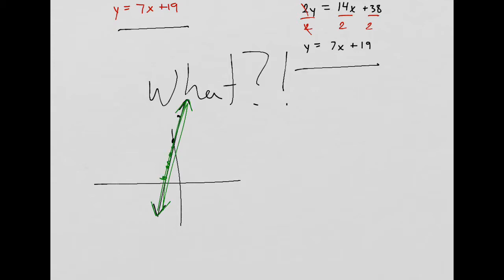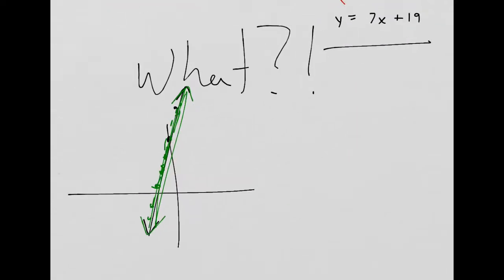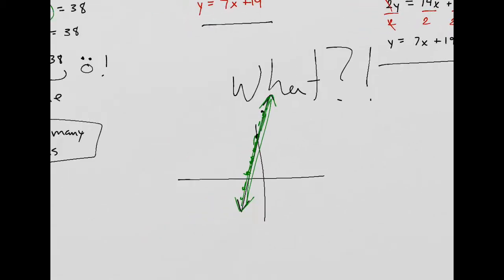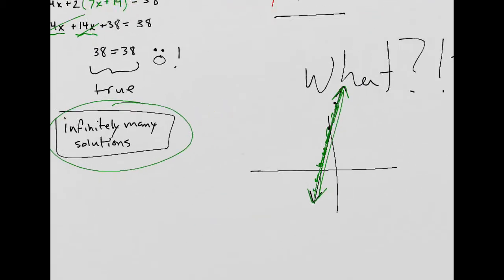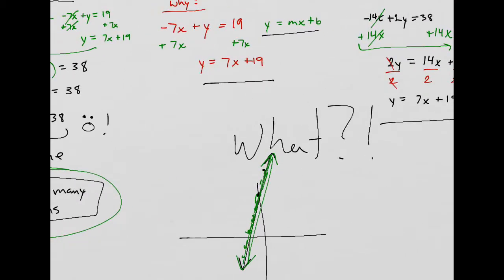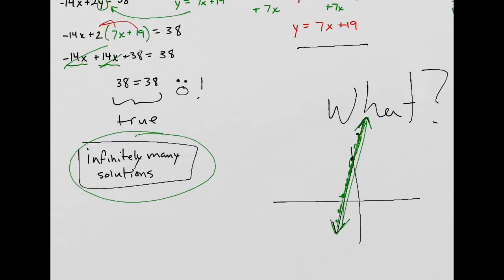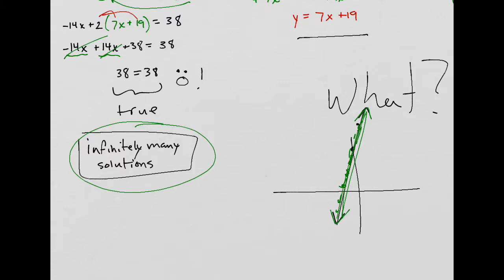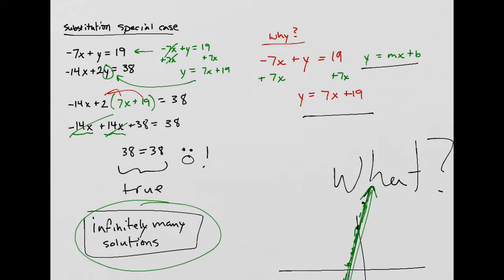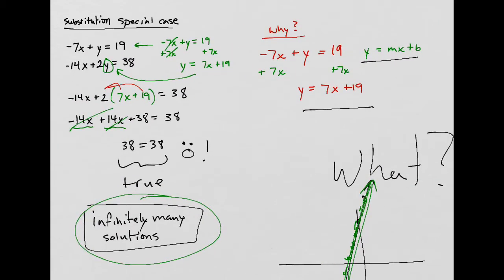At every point on the line, they intersect. And this goes on forever in that direction as well. So there are infinitely many solutions. You just choose a point that's on one of the lines, and it'll be on the other, because they're the same line. All right, so that's that special case.